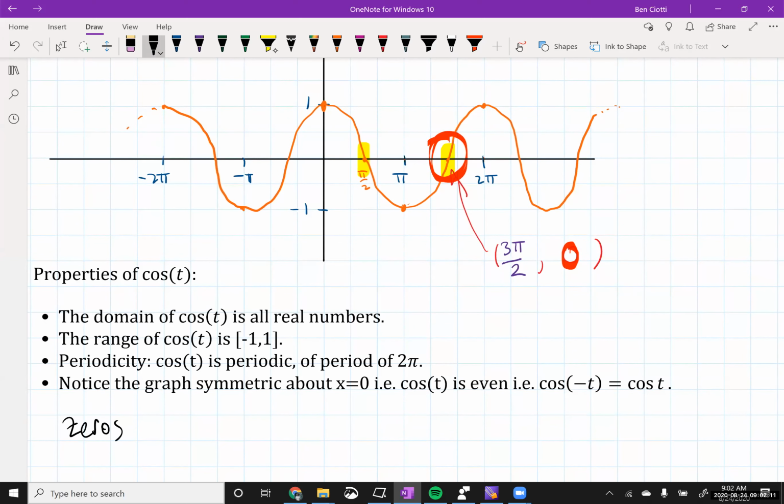So instead of cosine, let's look at cosine of x minus a. And here, let's let a go from 0 to 7. There in green, you can see cosine. In red, you can see sine. And as I start translating cosine to the right, let's see what happens.